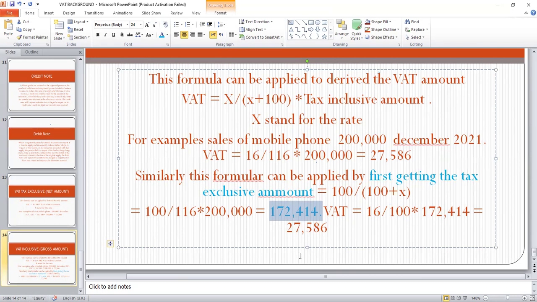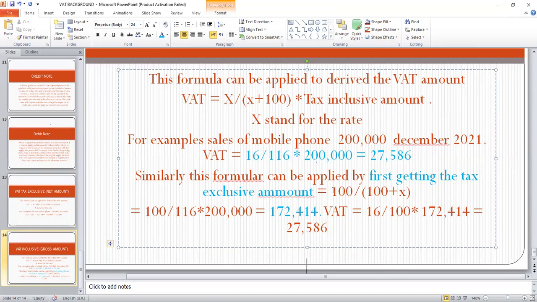Now, for this question, you can do it in two ways. The first one, when VAT is inclusive, you just take 16 over 116, the rate over 100 plus the rate, times 200,000. But I advise you to go with the second one, because there are some legislation that require deductible input tax, and that deductible input tax will be based on the tax exclusive amount.